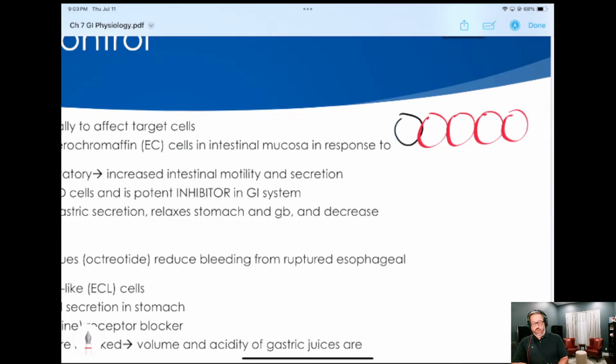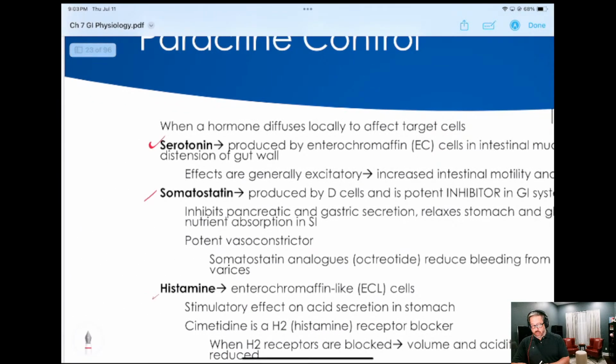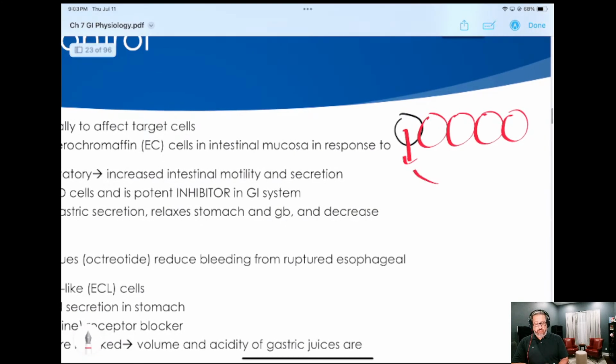This cell is going to release a hormone, in this case serotonin, somatostatin, or histamine, that is going to affect the cells around it. That's what paracrine control is. They're all local with each other. They affect the cells right near it.